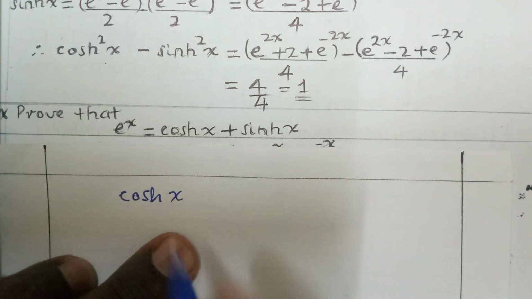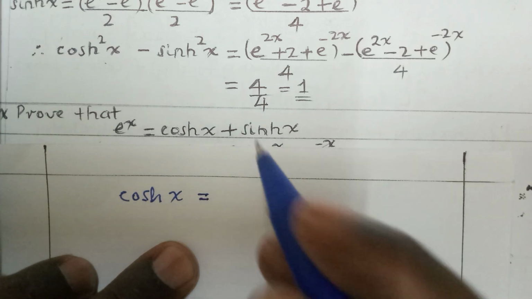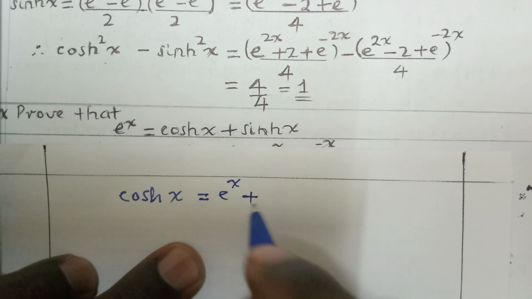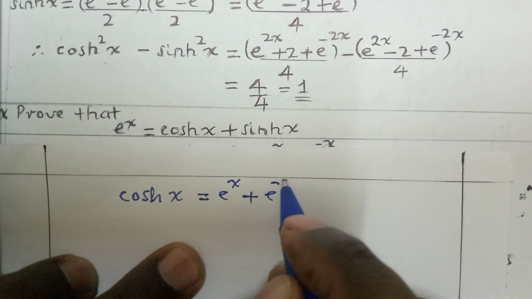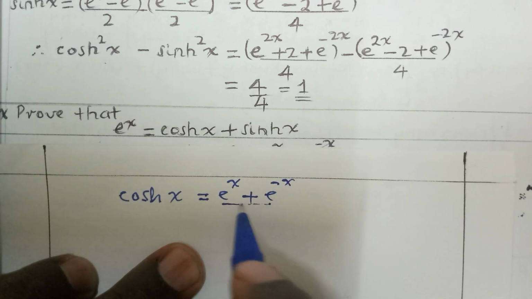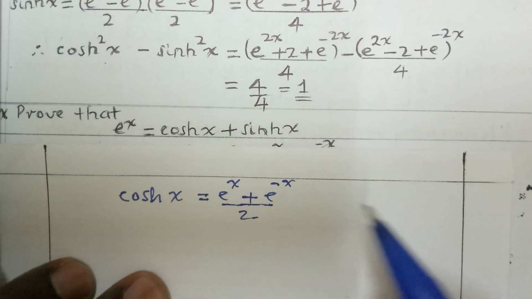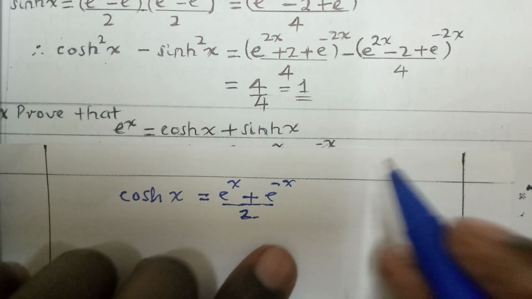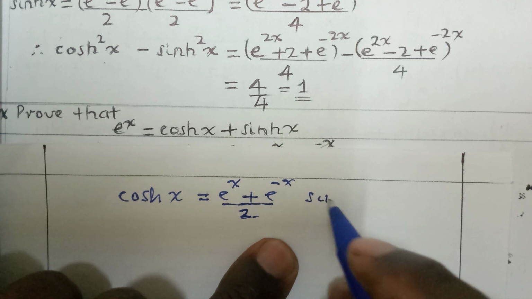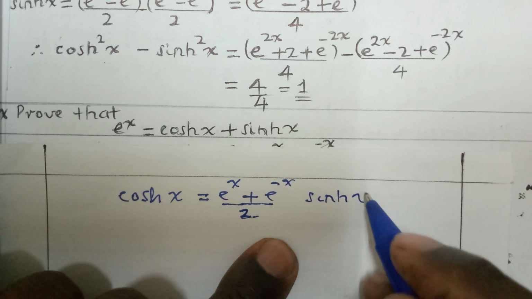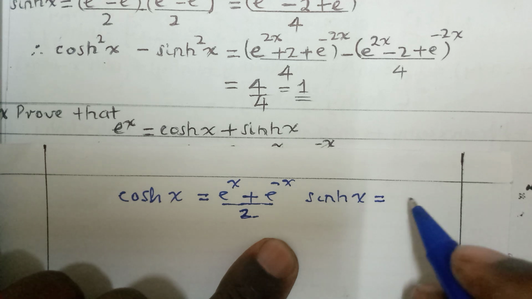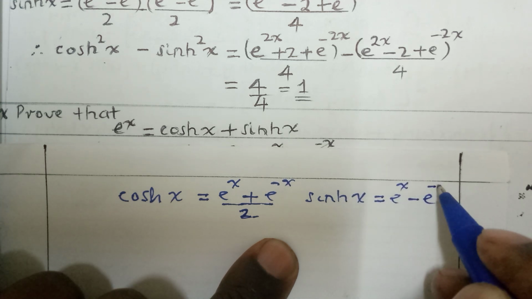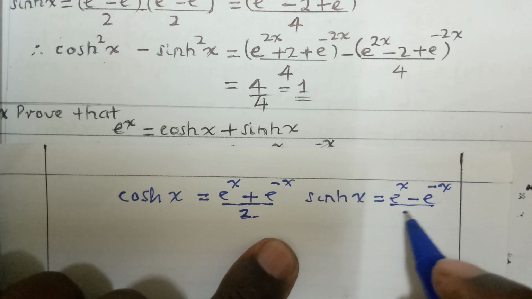This one gives us e raised to x plus e raised to negative x all over 2. And then we have sine hyperbolic x. This one gives us e raised to x minus e raised to negative x all over 2.